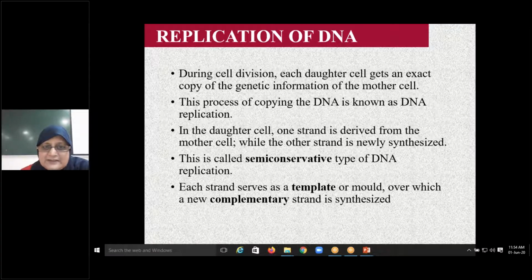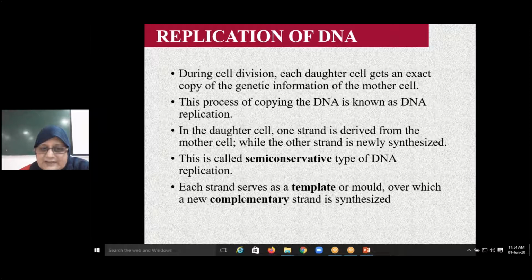So this is known as the semi-conservative type of DNA replication.